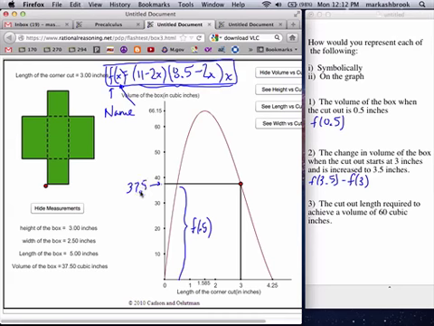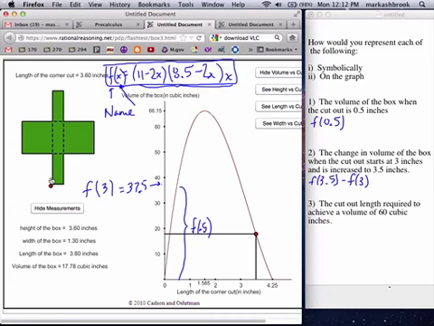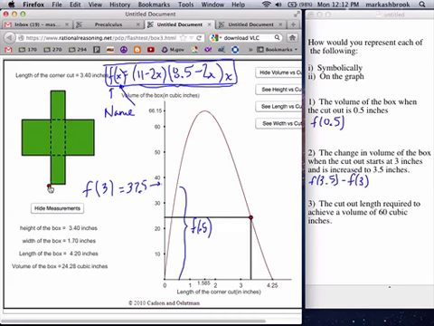And that's our f of 3, right? Okay? Now, if I do f, there we go. Now I got f of 3.5.